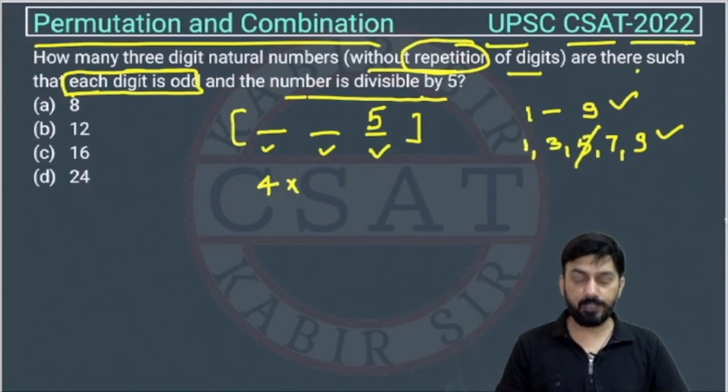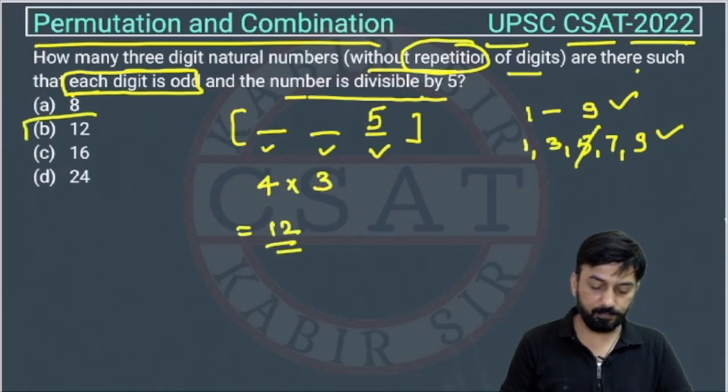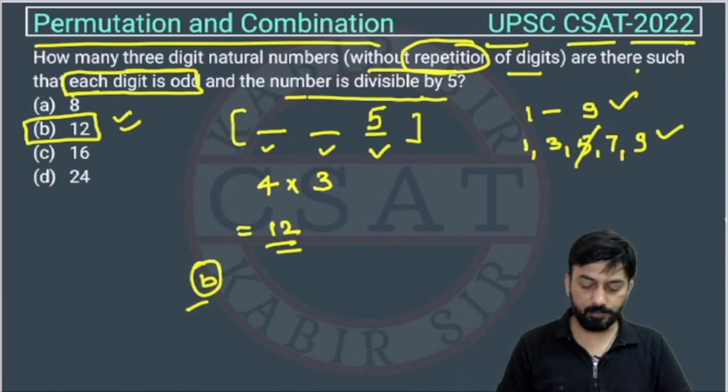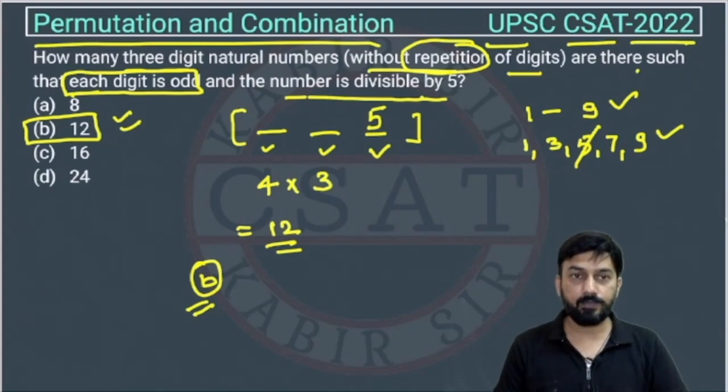So out of those 3 any digit can come at this place, right? So this will be 3. Okay, so the total possibilities are 4 into 3, this is 12. So the answer is option B. Okay, so the answer of this question is option B. See, this is a very easy question, we just have to understand the language of the question.